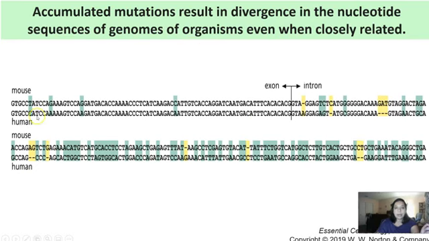So here, again, looking at the accumulated mutations that have happened in a particular portion of the genome between human and mouse, you see an exon intron junction in here as well. And you can see that if you look at the exon of this particular portion, right? This is the genome, and you look at the mouse versus human, there are very few differences between these two sequences, right? There's only 1, 2, 3, 4, a handful of sequence changes. However, if you look at the intronic sequence, it's all over the place.